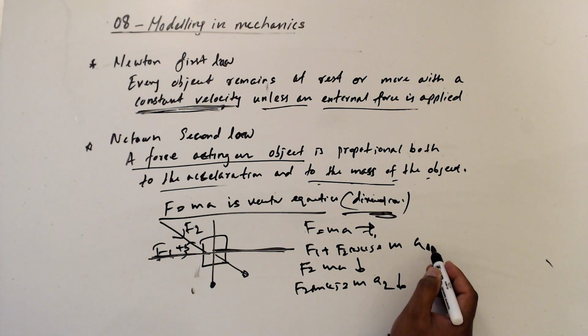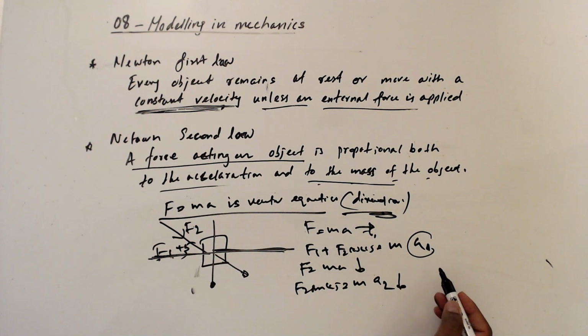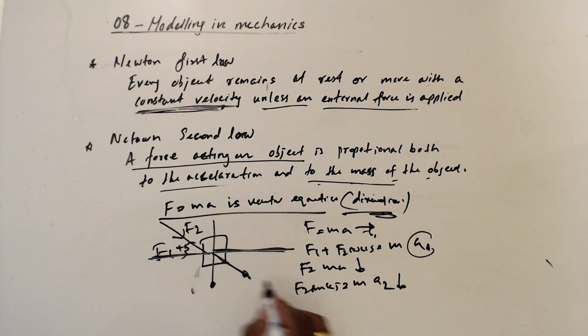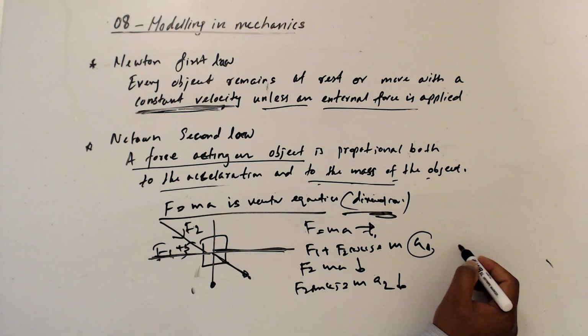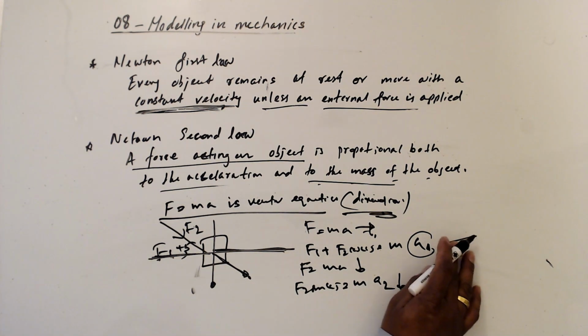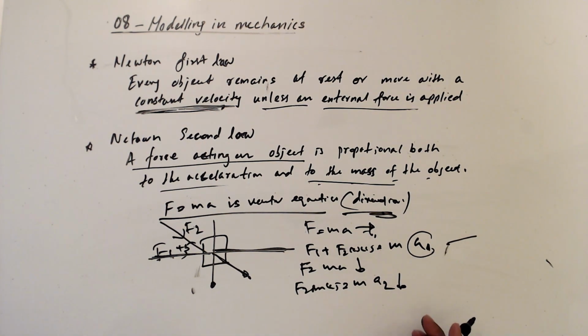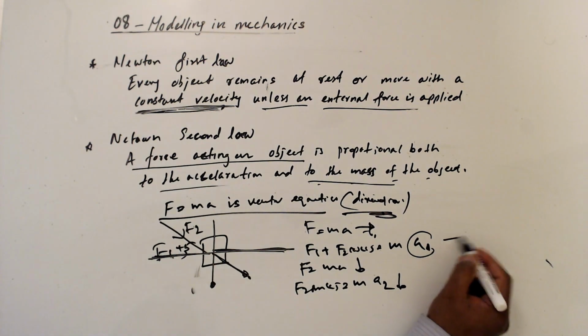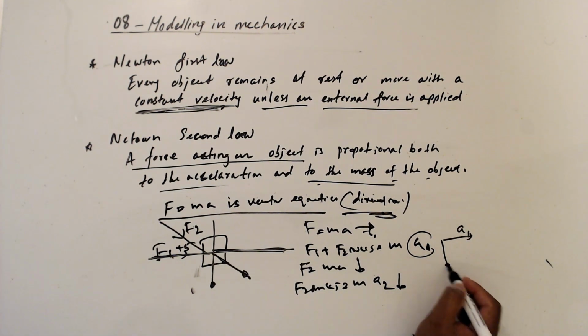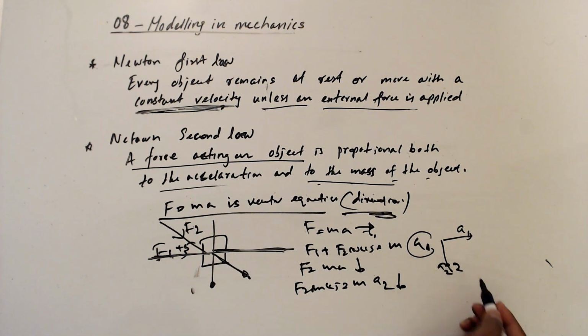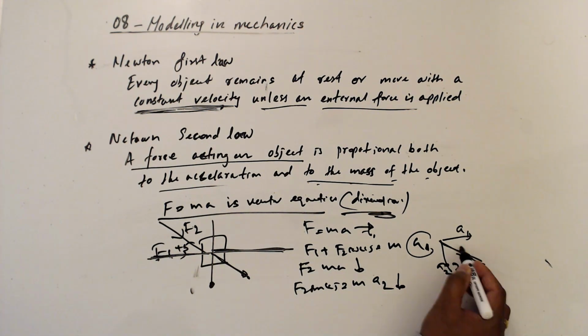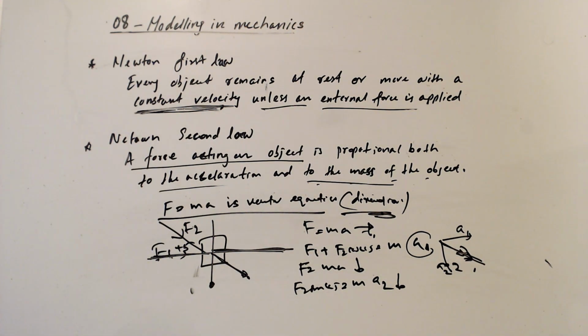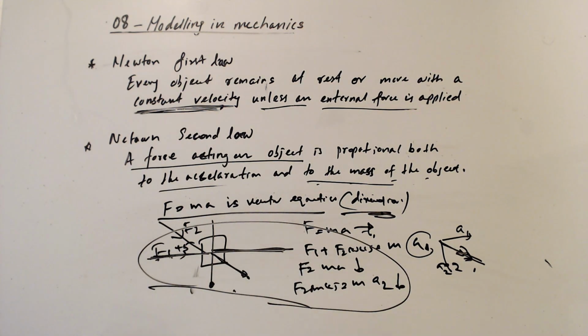Then if you need to find the total direction, you have to work out the total. So a1 is here and a2 is here, and then it is also known as the resultant acceleration. If you can't understand this yet, just leave it, we'll discuss it.